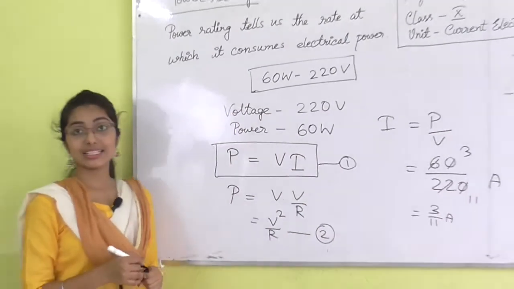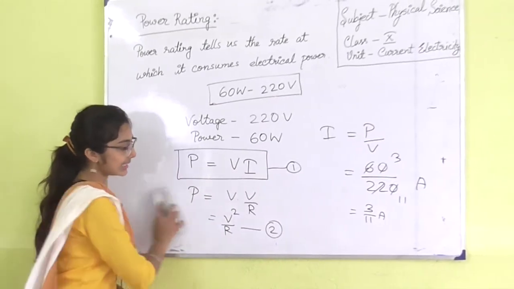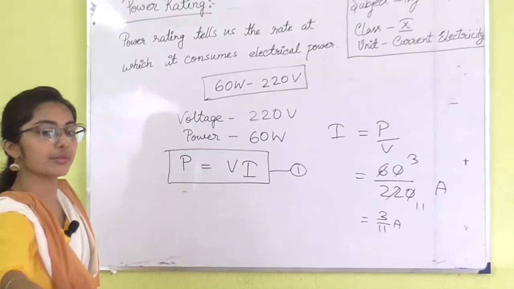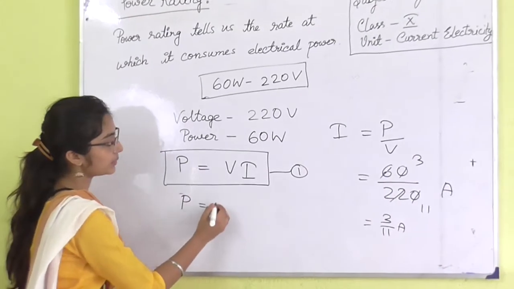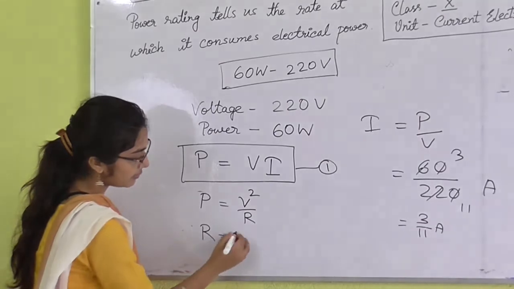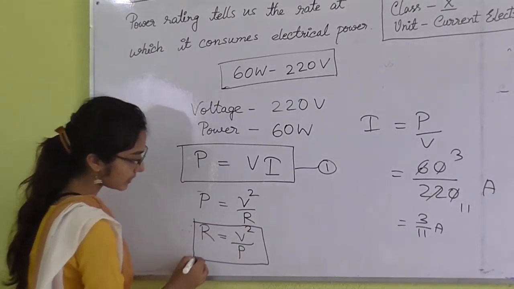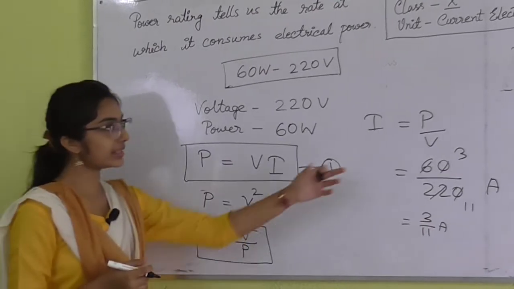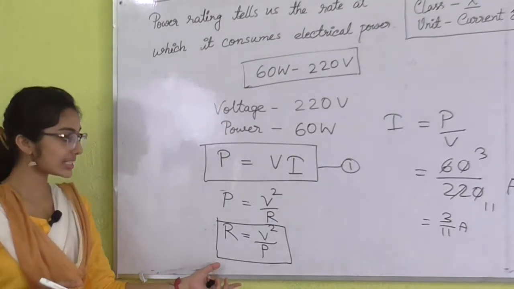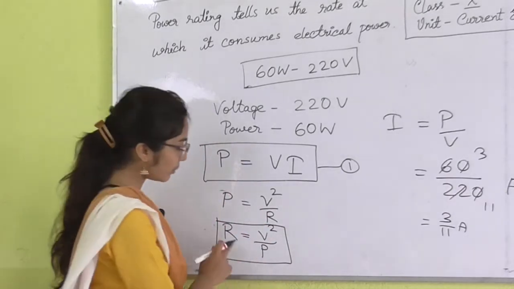And the next quantity that we can calculate by this rating is resistance. If P is equal to V square by R, then R is V square by P. These two mathematical relations are very important for your examination. This type of numericals is important basically.